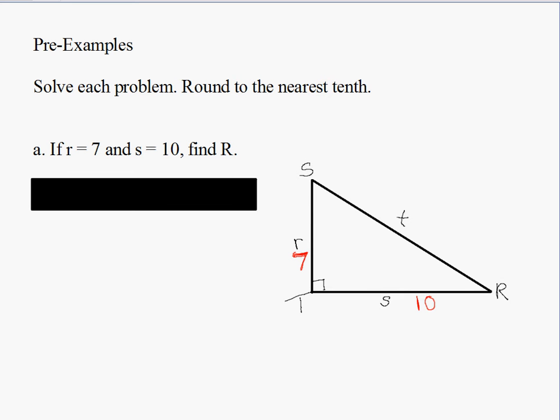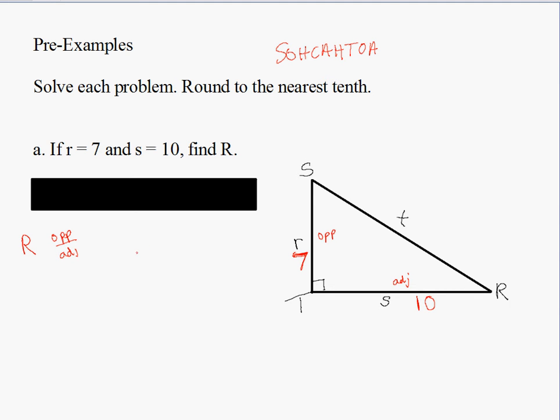First and foremost, we have R, the opposite of R, and the adjacent of R. We don't know anything about the hypotenuse. So we know the opposite and the adjacent, and we know SOHCAHTOA. You guys see how important SOHCAHTOA is. We have opposite, we have adjacent, so we must be using tangent.